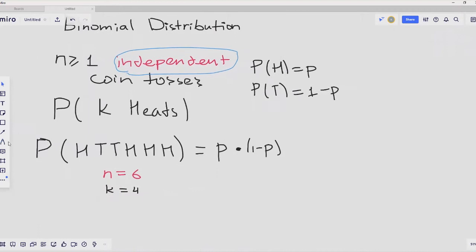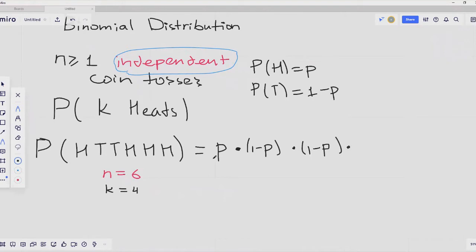Multiplied by probability that our coin lands on tails on a third toss, 1 minus p. Multiplied by probability coin landing on heads on fourth toss, multiplied by p, and so on. So probability of that particular sequence is then equal to p to the power of 4 multiplied by 1 minus p to the power of 2.